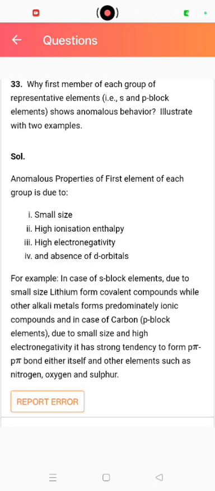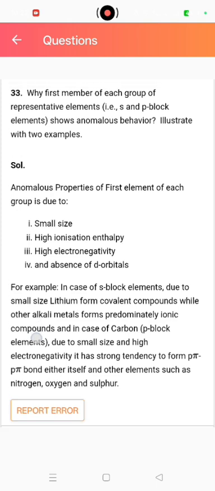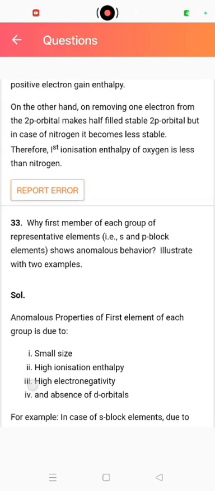For example, in the case of s block elements, due to small size lithium forms covalent compounds, while other alkali metals form predominantly ionic compounds. And in the case of carbon, due to small size and high electronegativity, it has a strong tendency to form p-pi bonds, either with itself or with other elements such as nitrogen, oxygen, and sulfur. Okay.